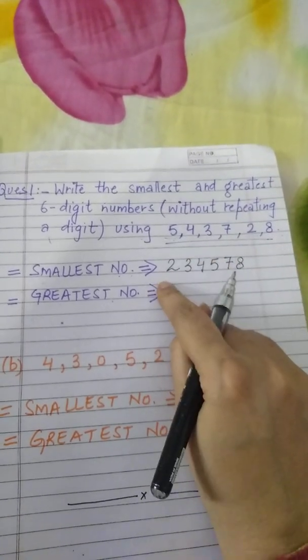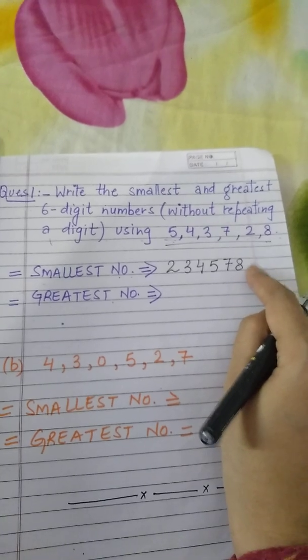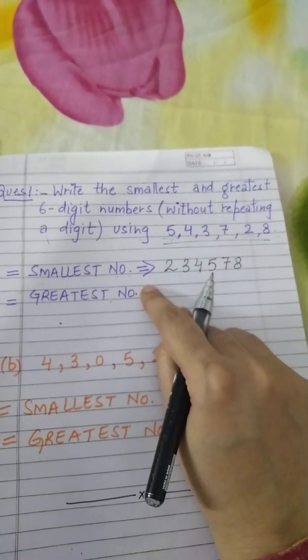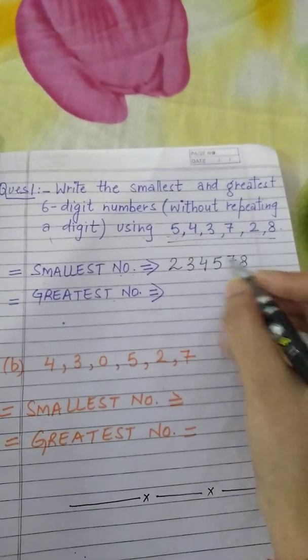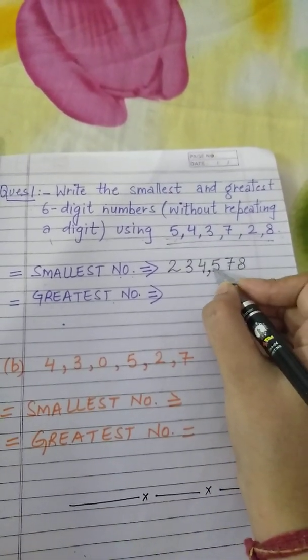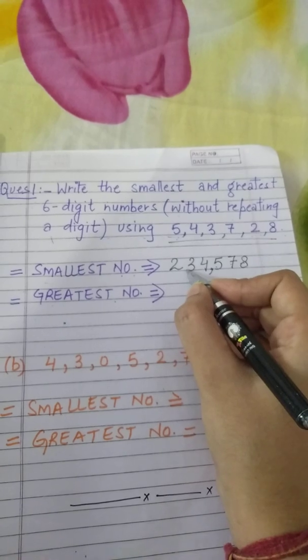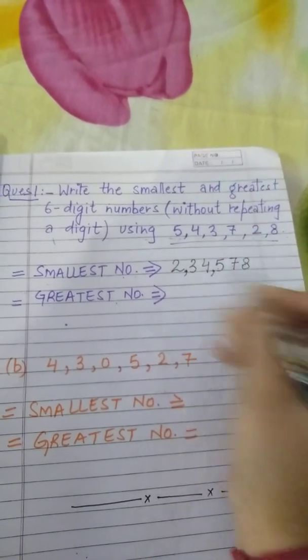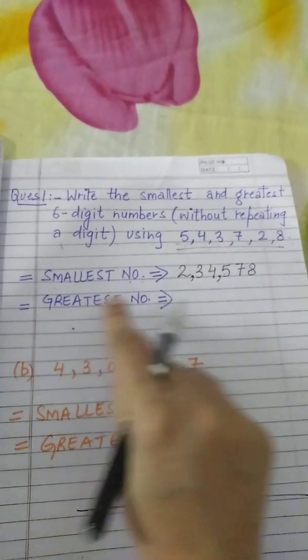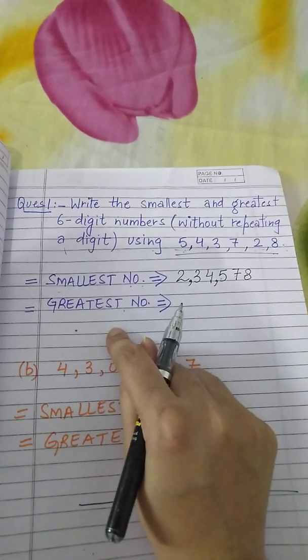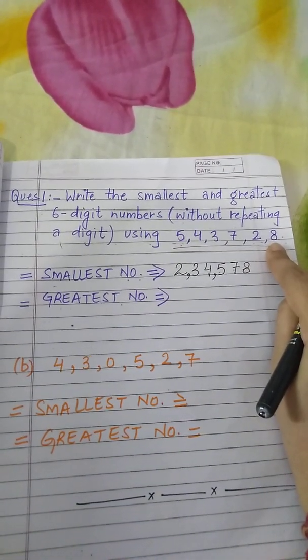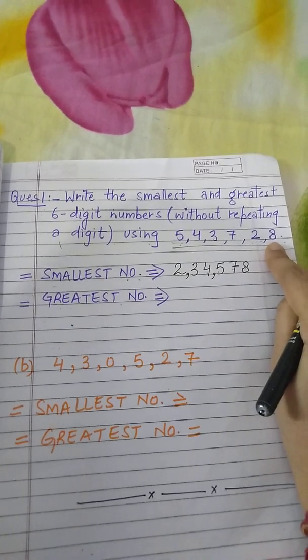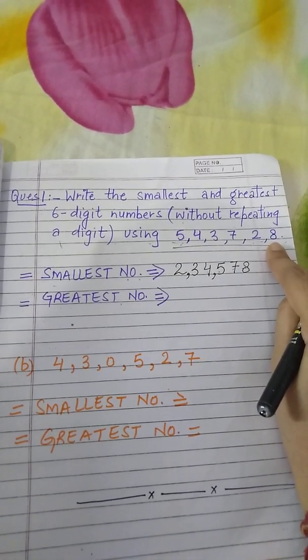8. And after writing the digits, just place the commas according to the Indian place value chart, that is first comma after 3 digits and the next one after 2 digits. Now greatest number. For greatest number, we have to arrange the given set of digits according to the descending order, that is from biggest to smallest.